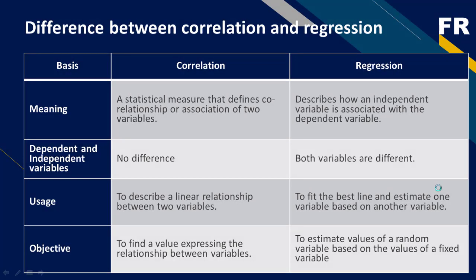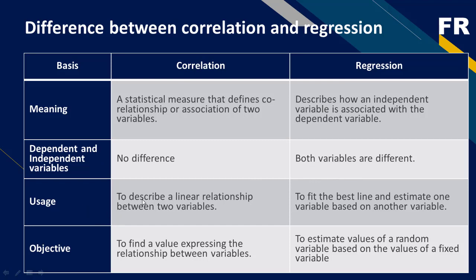We'll see the difference between correlation and regression in the form of meaning. A statistical measure that defines correlation or association of two variables is correlation. Regression describes how an independent variable is associated with a dependent variable. In correlation, there is no difference between dependent and independent variable. In regression, both variables are different.